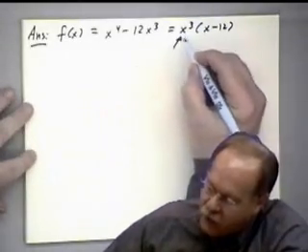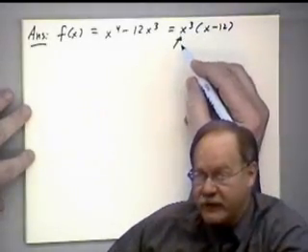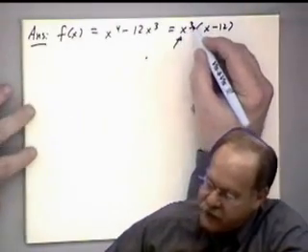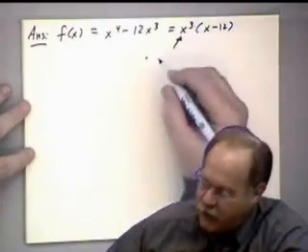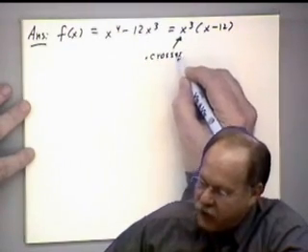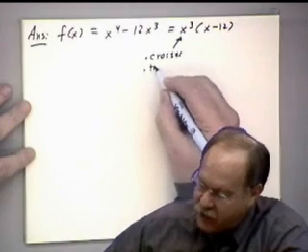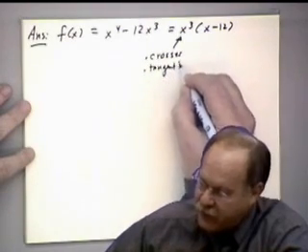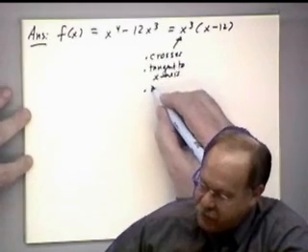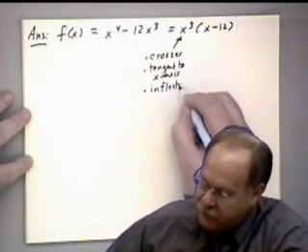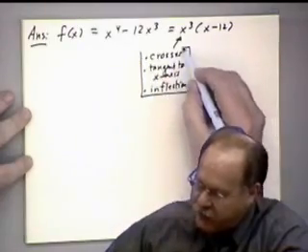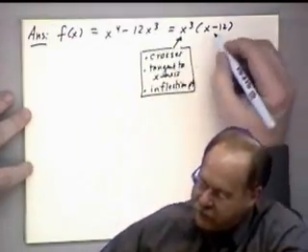Now, based on what I know about multiplicity of factors in a polynomial, I can say this. For x cubed, since it is an odd multiplicity greater than 1, that means the curve f is going to cross the x-axis. It is going to be tangent to the x-axis at that point where it crosses, and this point will be an inflection point. So we'll have to check that later, but that's what we learn from the multiplicity of the factors here.